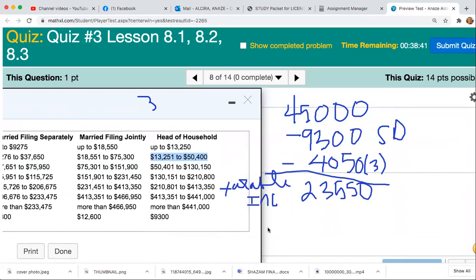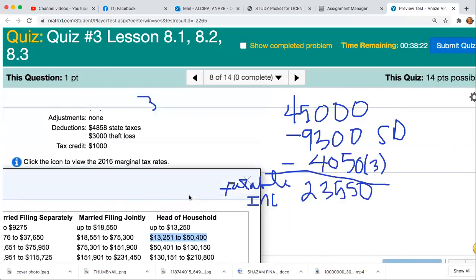So this person is going to pay 10% on the first $13,250. Whatever's left out of the $23,550 after they pay on the first $13,250 is the amount that is going to be taxed at 15%. So when calculating this tax liability, you're going to do 10%, as in 0.10 times the 13,250. This person pays 10% of the first 13,250.